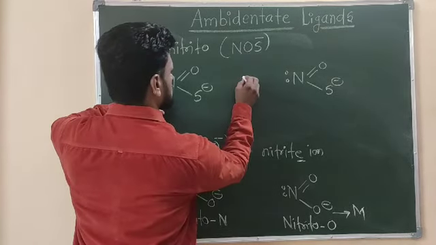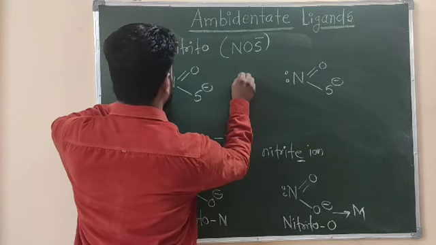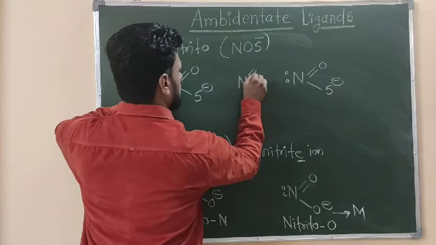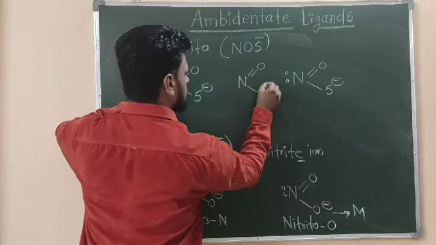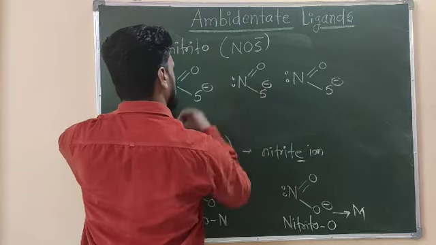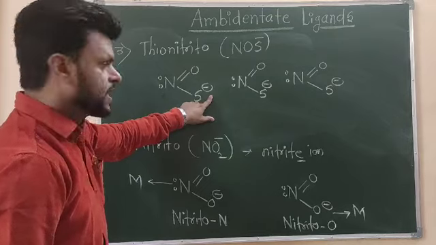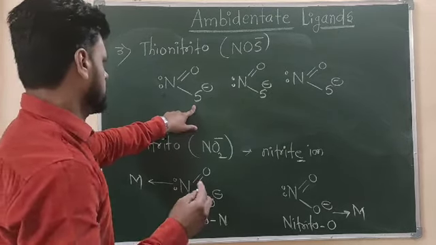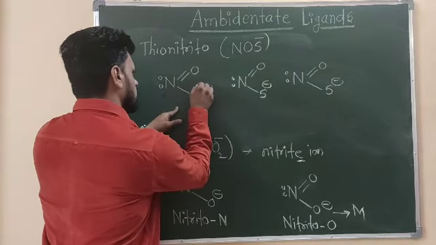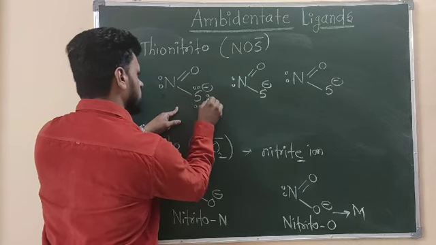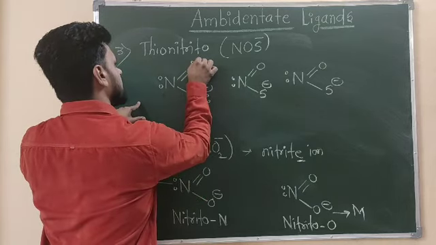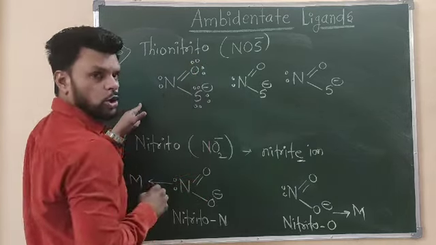I'm writing the structure again here for the bonding, N double bond O, and we have S minus and lone pair. If you look at sulfur minus, it carries a 3 electron lone pair, okay? I'm writing here 1, 2 and 3. Oxygen has a 2 electron lone pair.